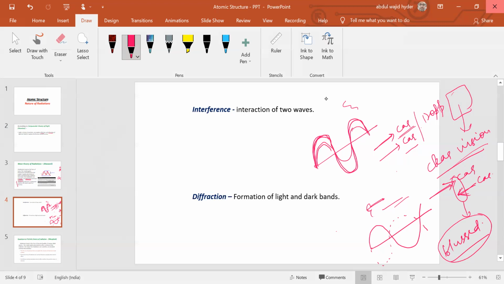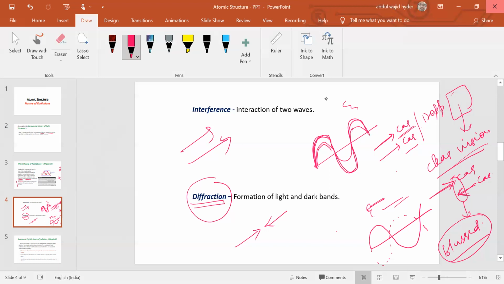So if two waves are moving in opposite directions, that is called diffraction. And if two waves are moving in the same direction, then it is called interference. Interference means interaction of two waves and diffraction means formation of light and dark bands.